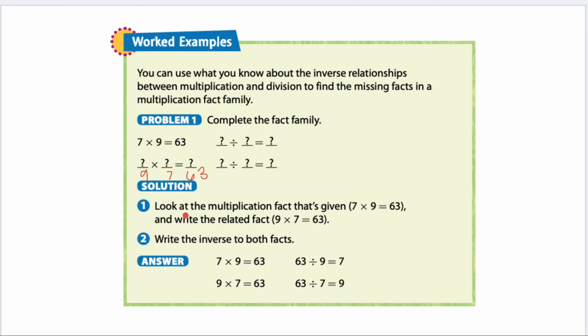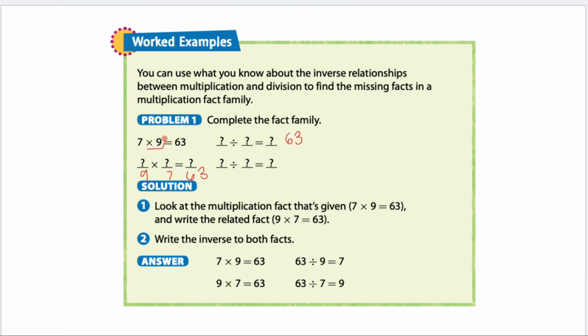So after we have both of our multiplication facts, we need to figure out the related division fact. So we had 7 times 9 equals 63. To write a related division problem, we always start with the bigger number, with the total, right? So we have 63.